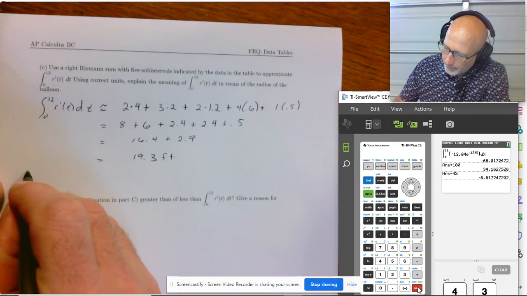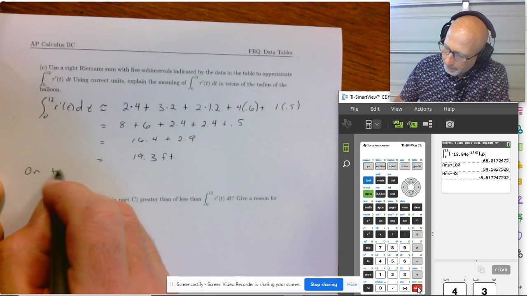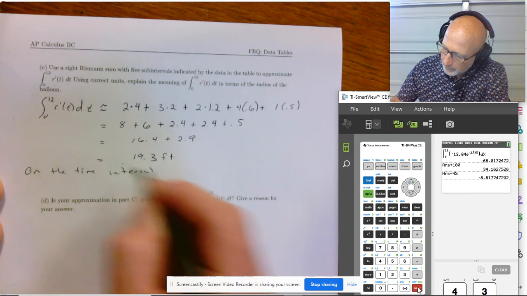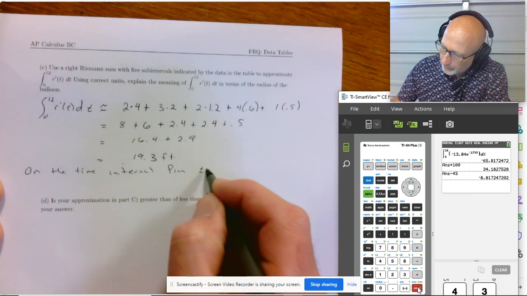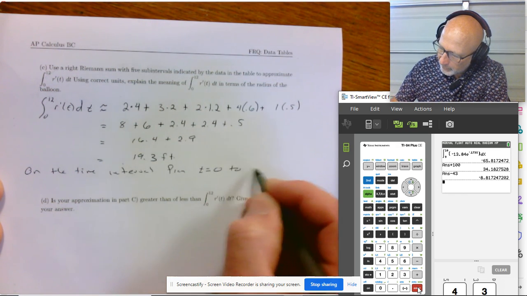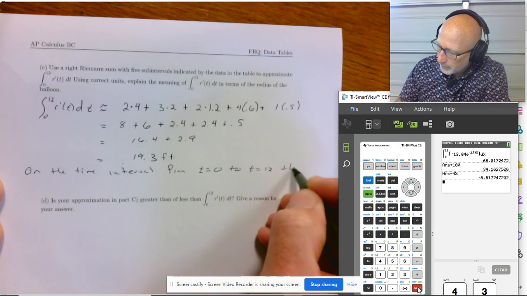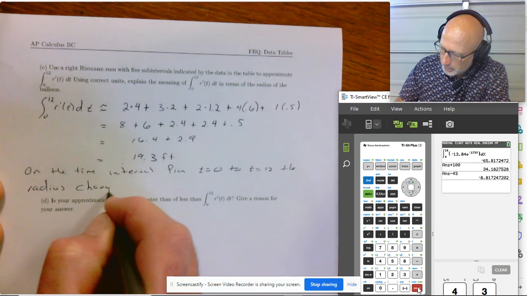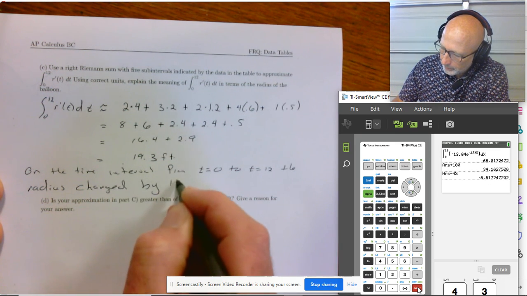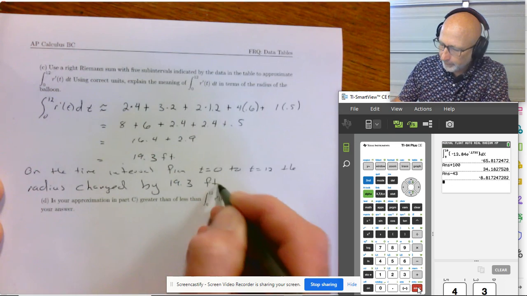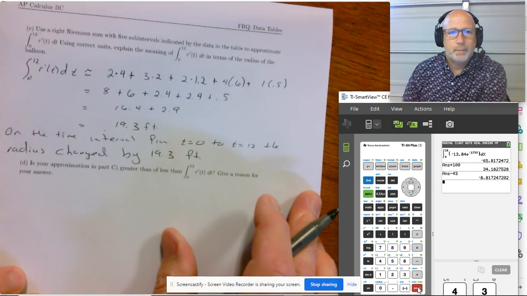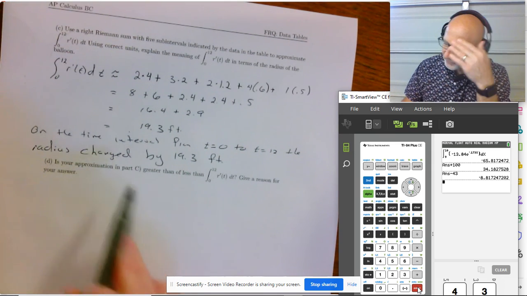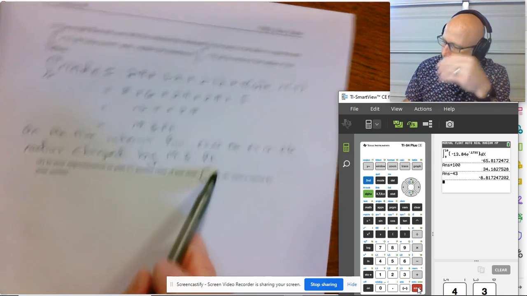Okay, so on the time interval from t equals 0 to t equals 12, the radius changed by 19.3 feet. Okay, so it got bigger, by 19.3 feet.